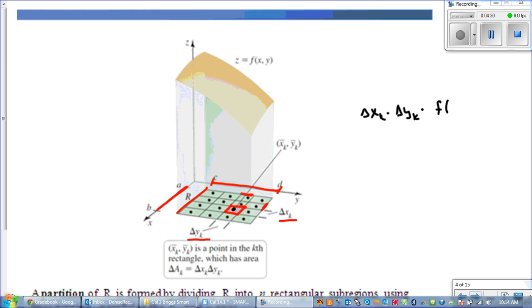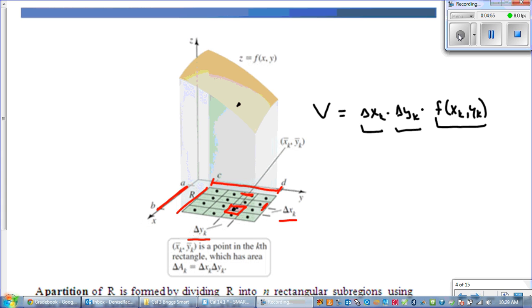So f of x sub k, y sub k. So that's just a random point in that box, and we get the height. So that's just giving us the z value up on that surface, and that will be the height. So we've got our length times our width times our height to give us the volume of that one little rectangular prism.